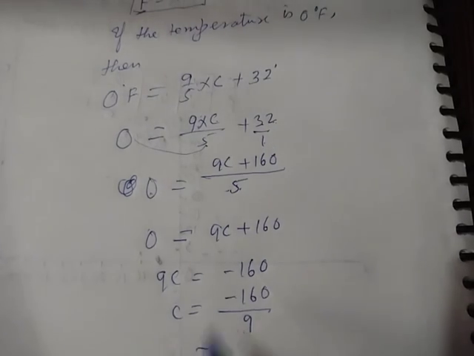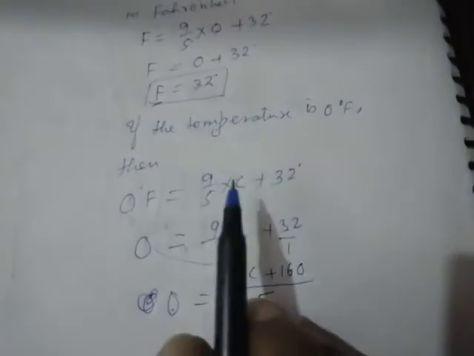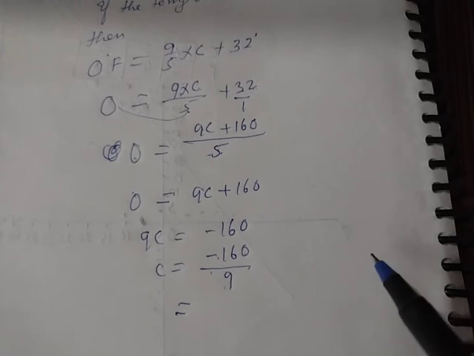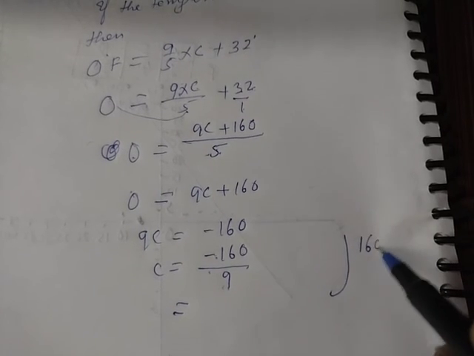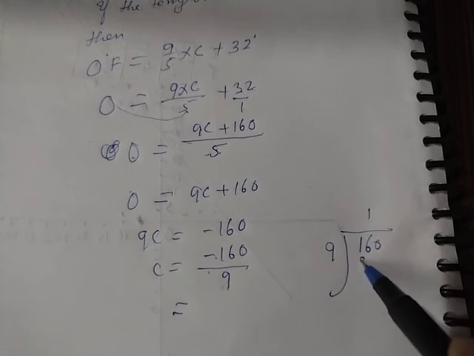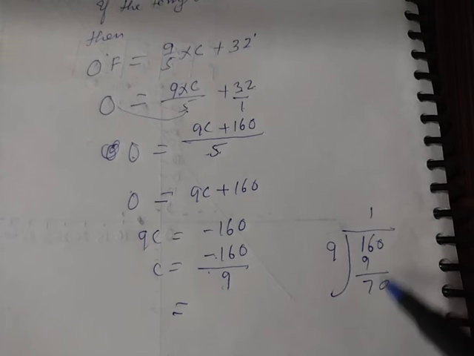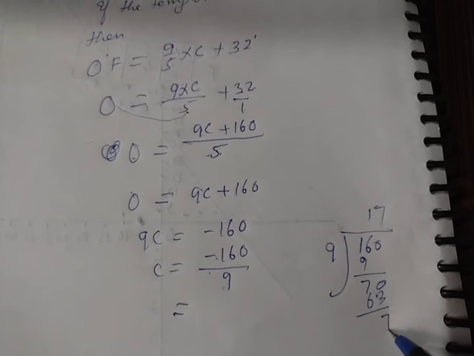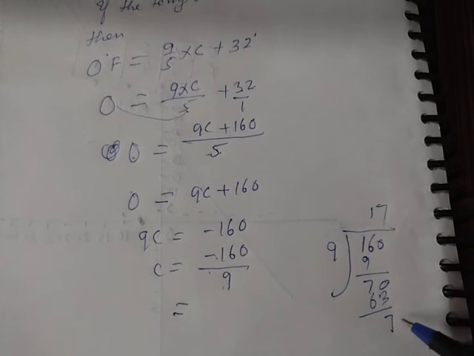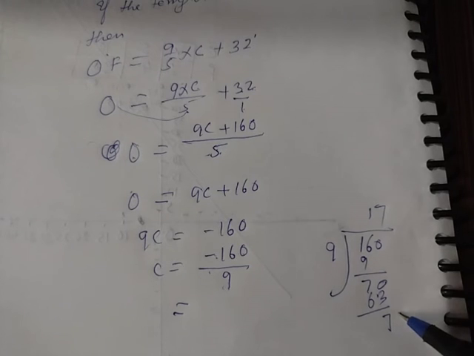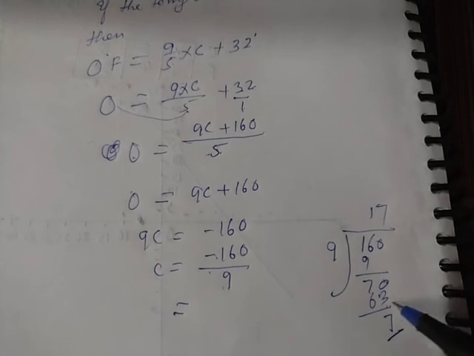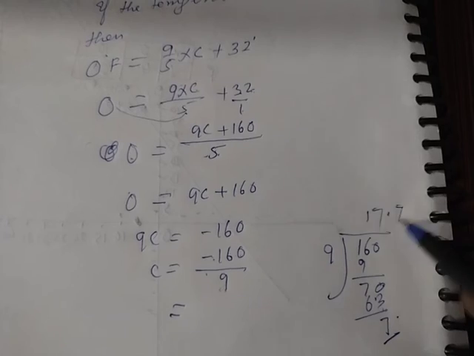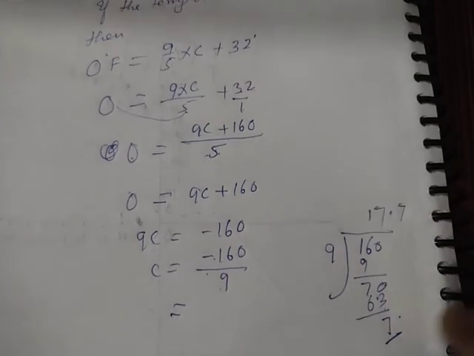So you divide minus 160 by 9. 9 times 1 is 9, 9 times 8 is 72, 9 times 7 is 63, and the 7 keeps repeating, 0.7 recurring.